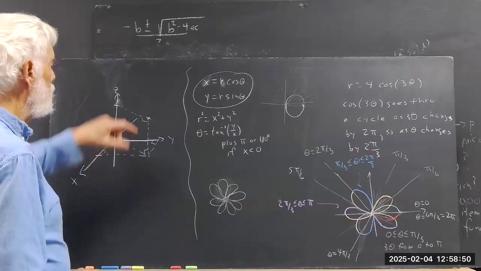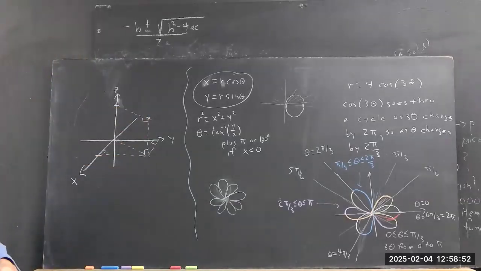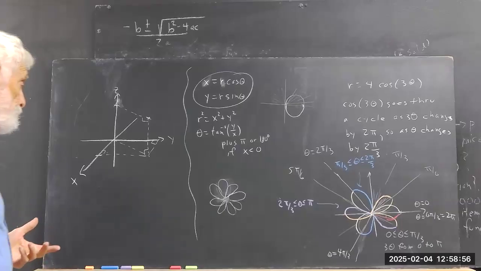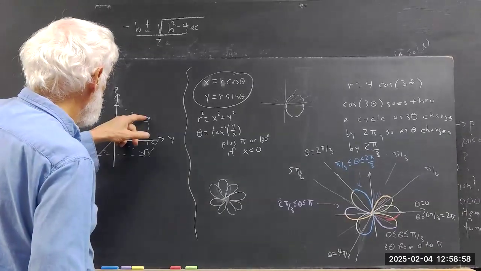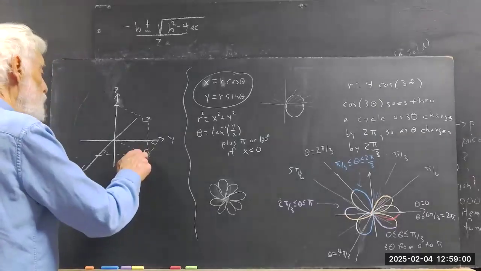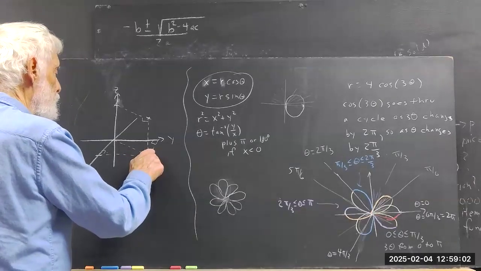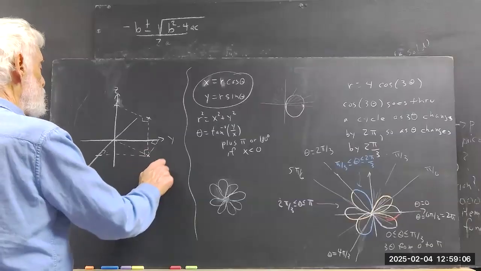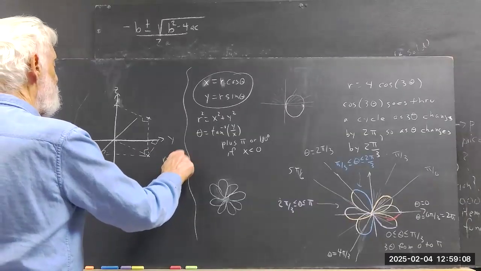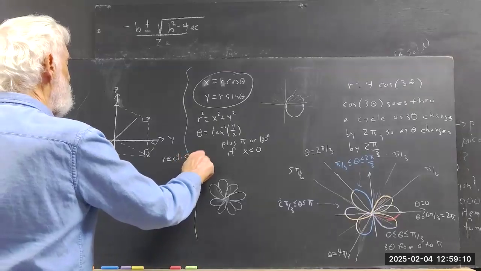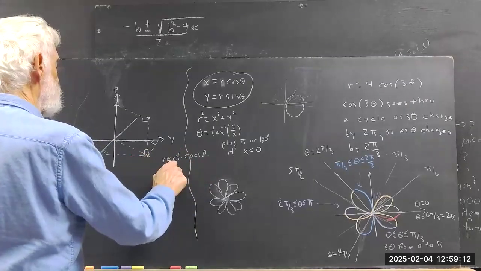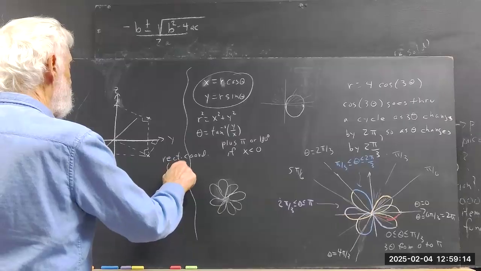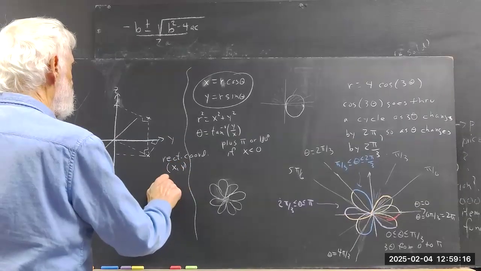There's another way to specify this point. This point lies directly above the point down here. It has polar coordinates. Okay, well, rectangular coordinates of this point are x, y.